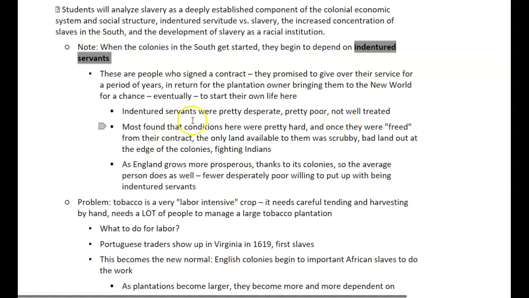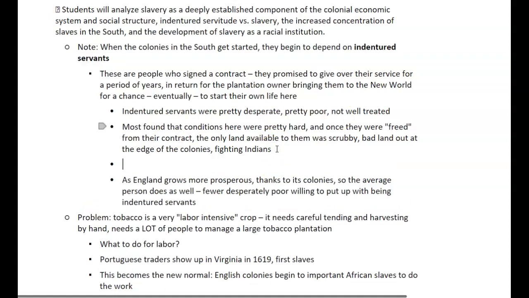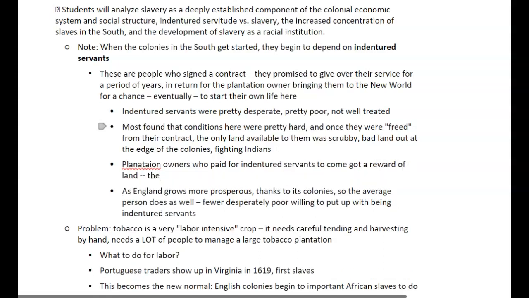Now I should point out here that plantation owners who paid for indentured servants to come got a reward of land, the headright system, it was called.